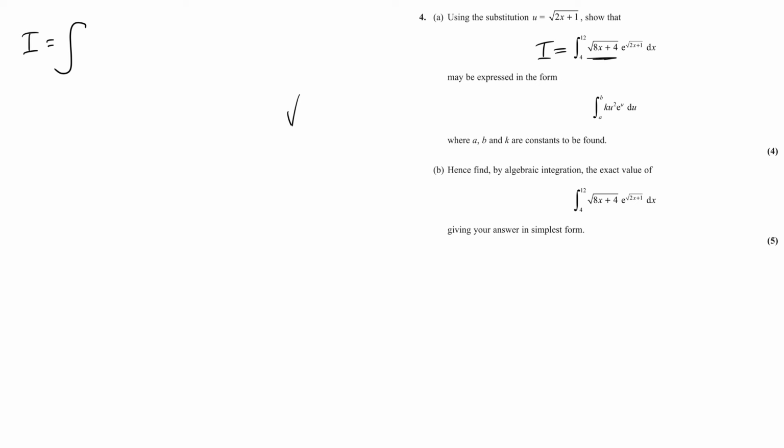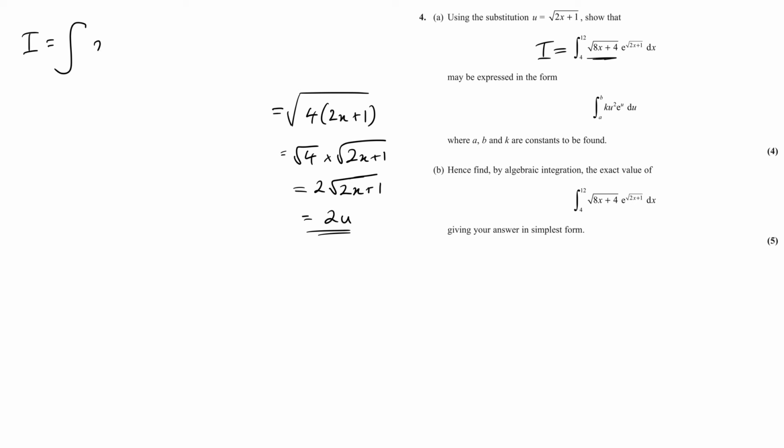So this could be 4 times 2x plus 1, which could then split up into root 4 times root 2x plus 1. So 2x plus 1, which equals 2u. Yeah? So that's where we started, so we get, first place, 2u there.